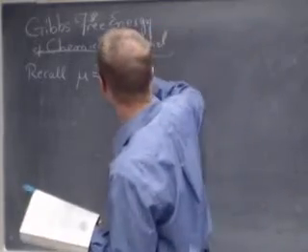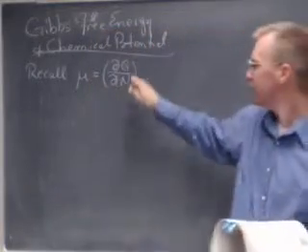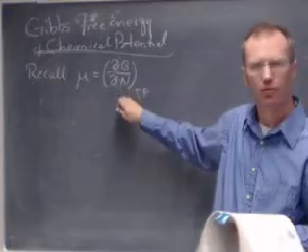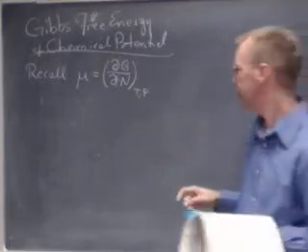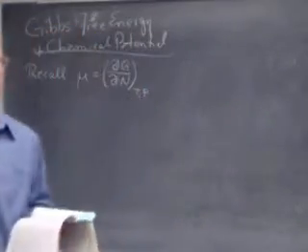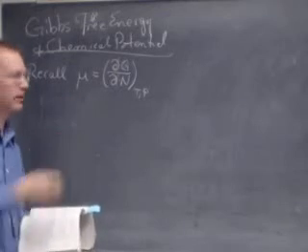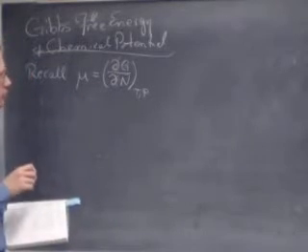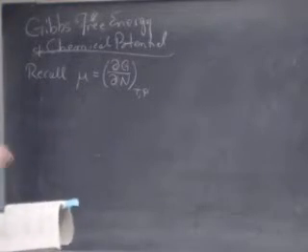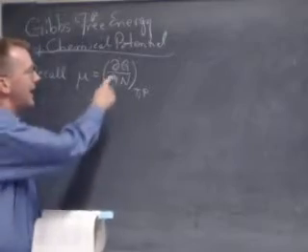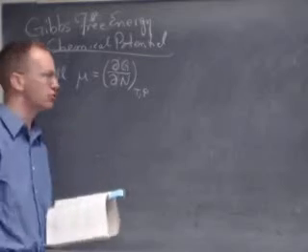This is a partial derivative: the change in the Gibbs free energy with respect to particle number, while we hold temperature and pressure constant. That's a key thing. That means that we are maintaining thermal equilibrium with our reservoir and mechanical equilibrium with it. So the chemical potential under those circumstances of T and P constant is how much Gibbs free energy is brought into the system with the addition of every new particle.